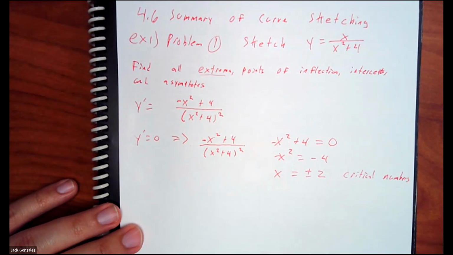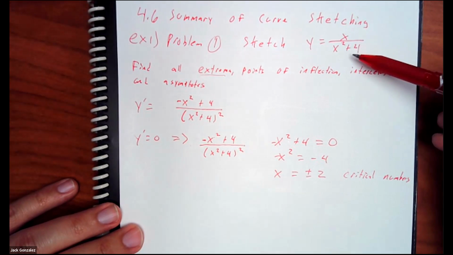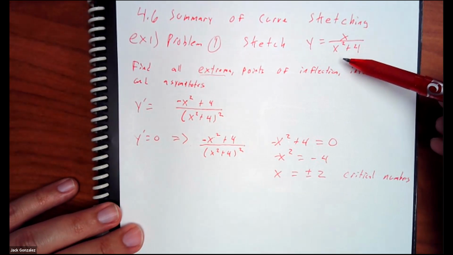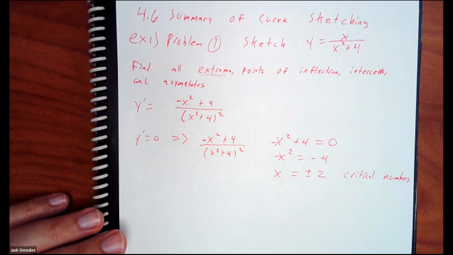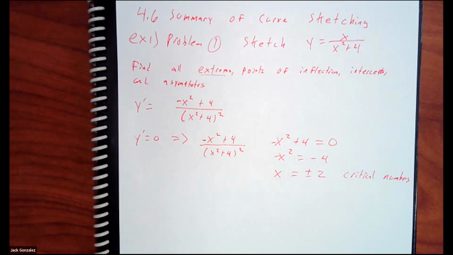Okay. Do you see why the bottom cannot be 0? Right, no matter what x I choose, it's going to be squared. So it can't come out negative.